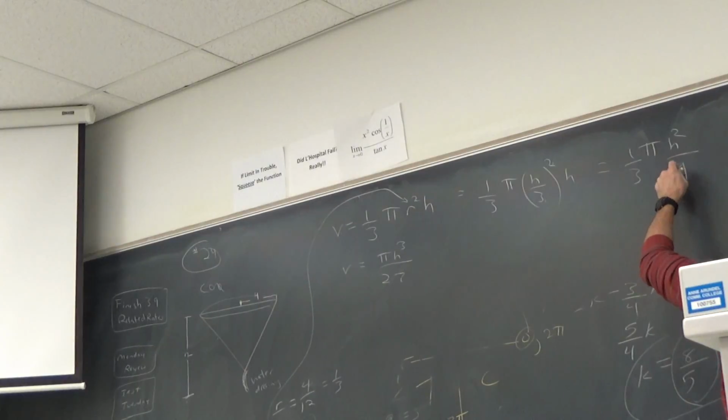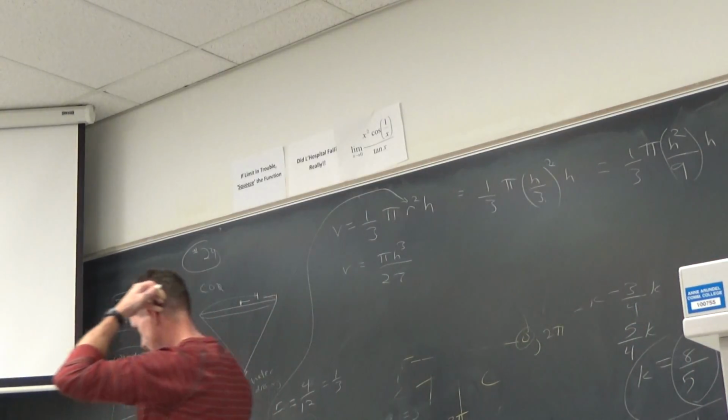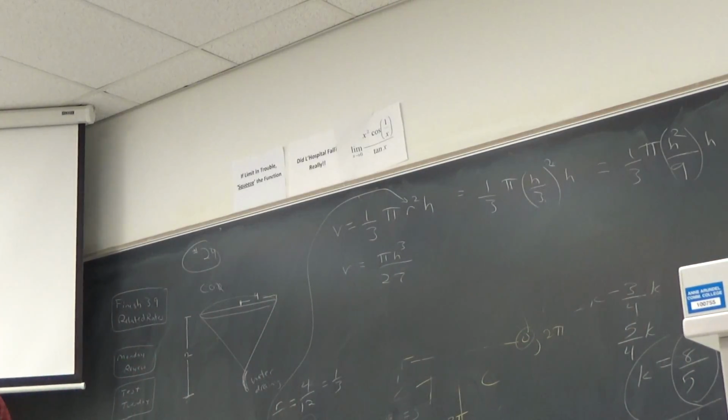Now we have this. But now you have a 9 and a 3 in the denominator, so in our next step, let's multiply the 9 times the 3. That makes 27. And h squared times h is h cubed. So we finally got V.